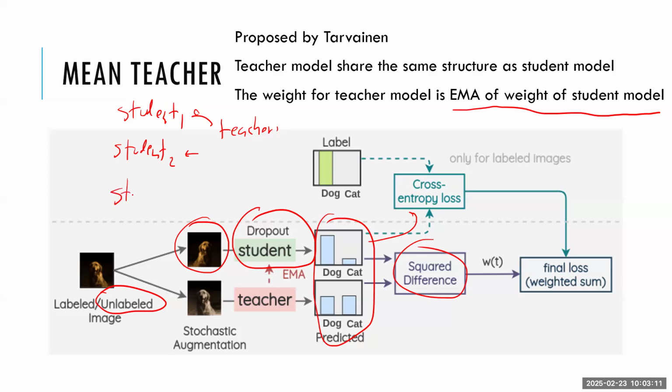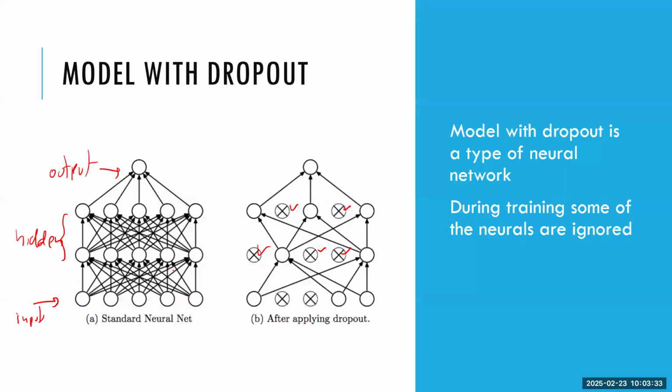And when you want to train student 3, at iteration 3, the teacher becomes a combination of 1 and 2. And you want to compare the result from the third student and the teacher, which is the EMA of the previous students. So EMA here means that when you have this model, for example, let's say this is a student, the teacher would just copy the weight from the student.